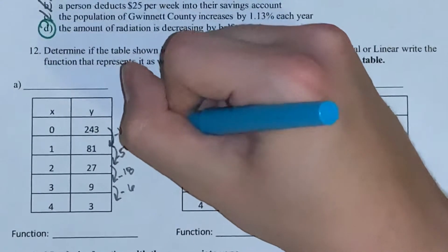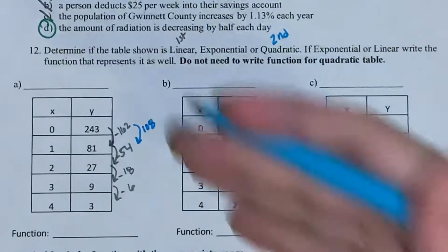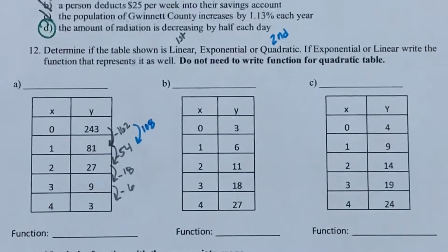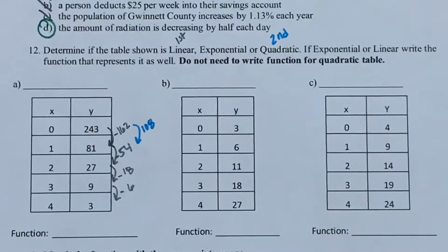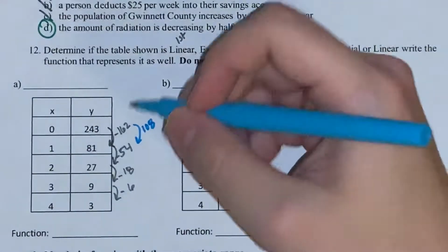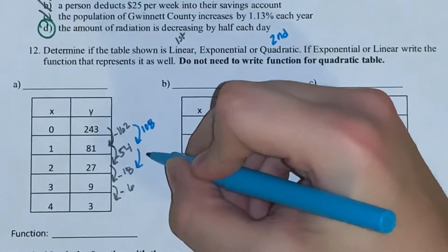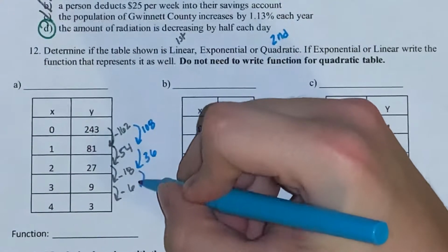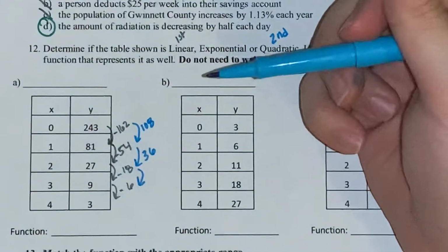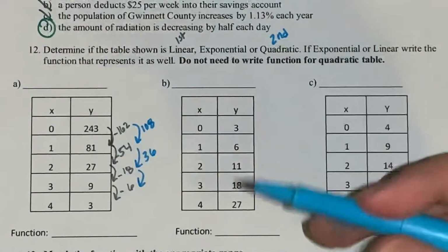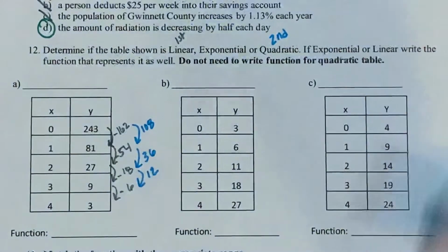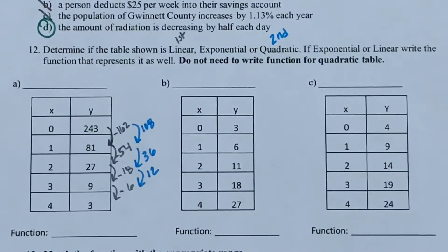It's a positive 108 because you're going from negative 162 to negative 54. From negative 54 to negative 18 is a difference of 36. And from negative 18 to negative 6 is 12. So the second differences are not the same.